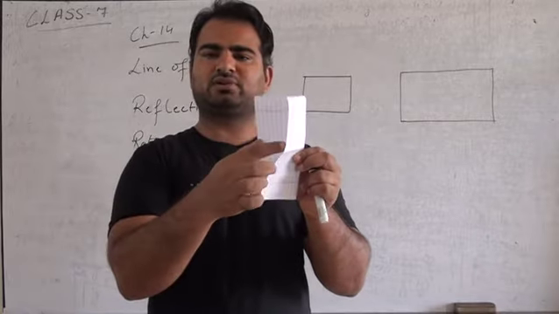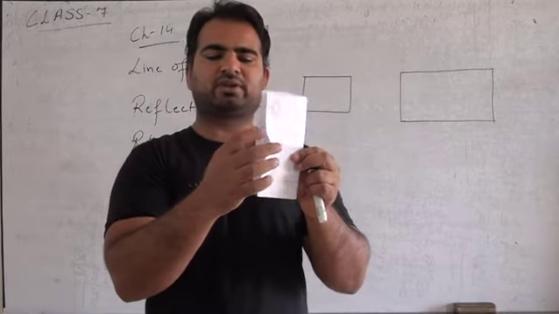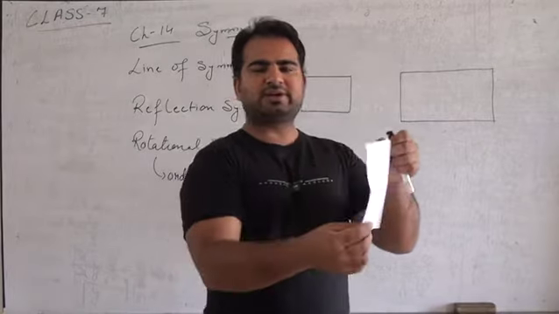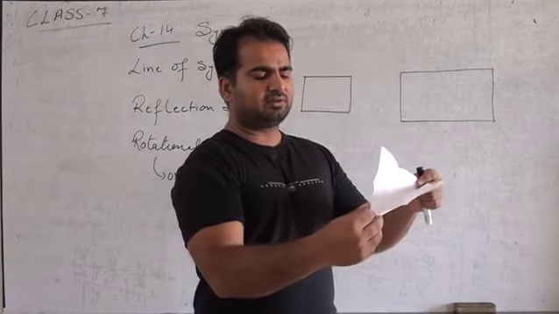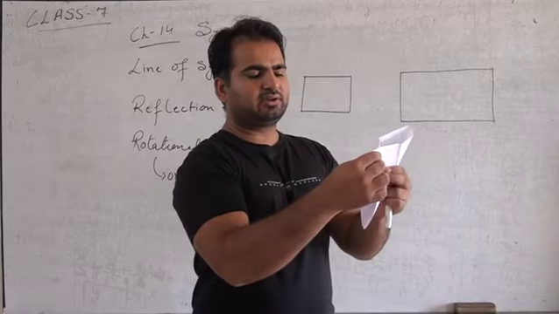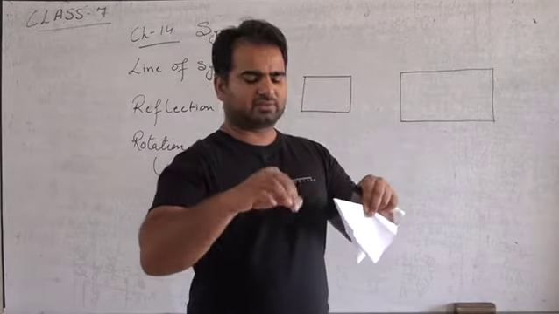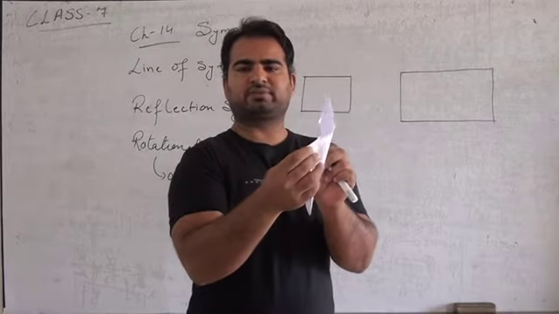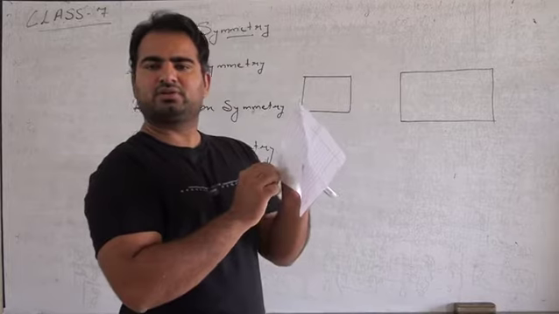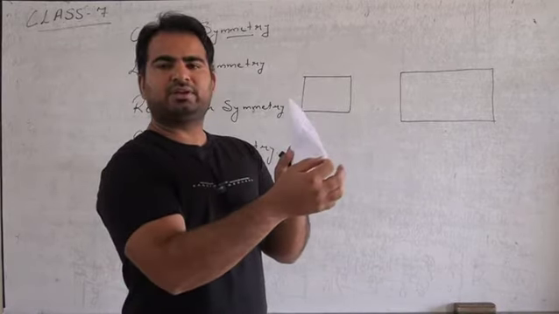Yes, it is also overlapping. So what about if we fold it by its diagonal? Is it overlapping or not? Yes, the square piece of paper will overlap. These two triangles will overlap each other.